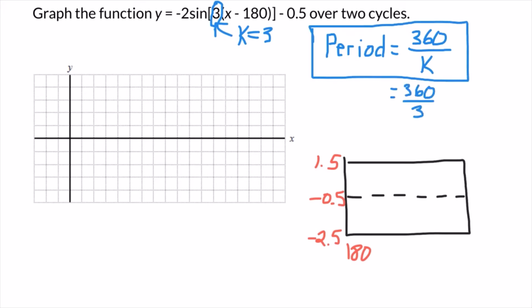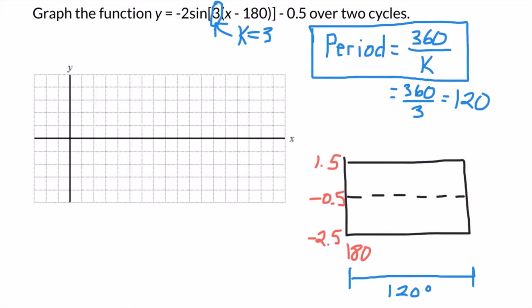So in this specific instance, k is 3, so our period is going to be 360 divided by 3, which is 120. So that means from our starting point to the end point, that's a span of 120 degrees.